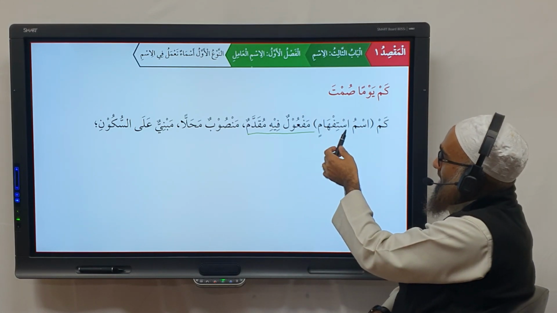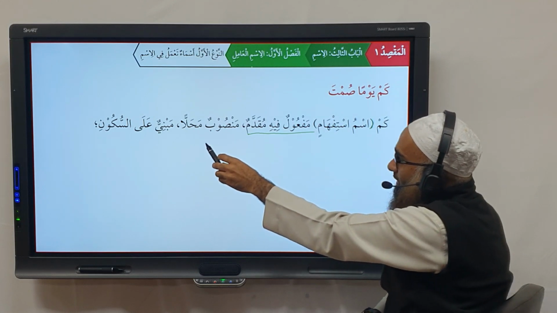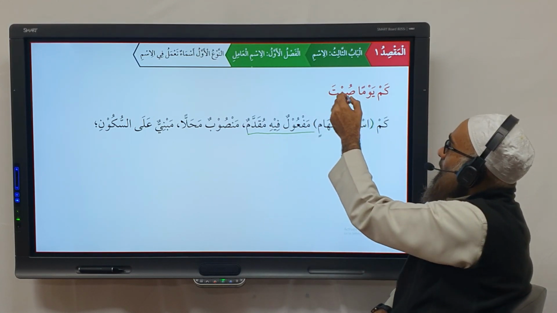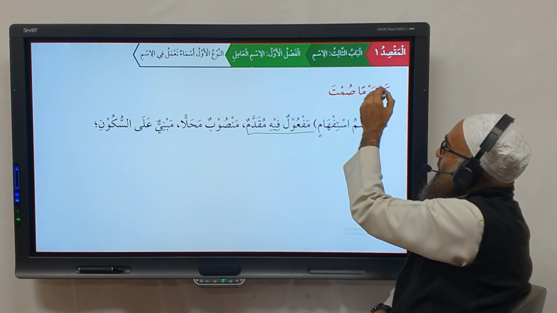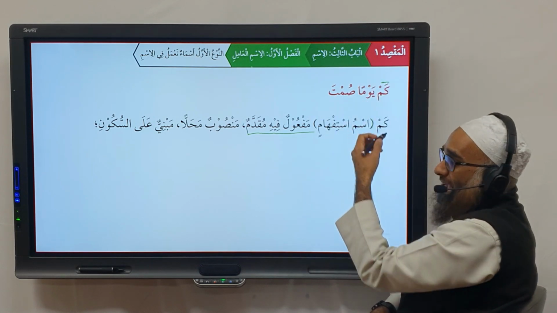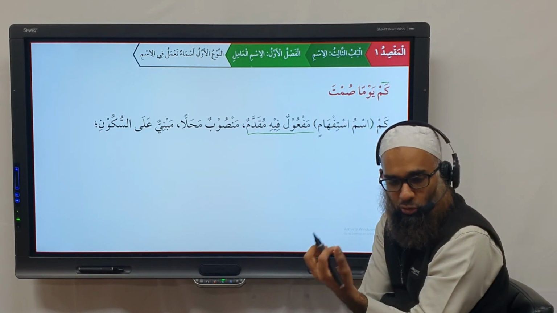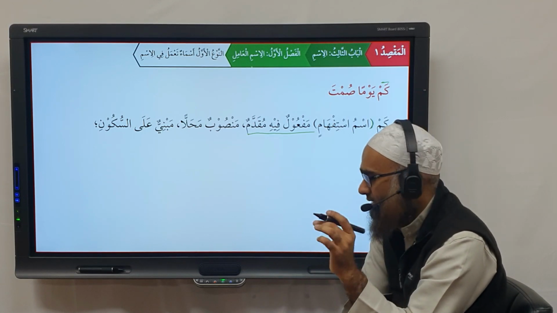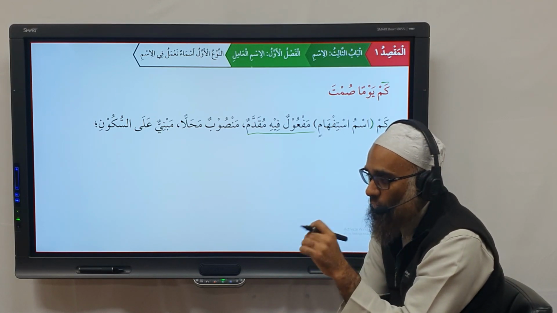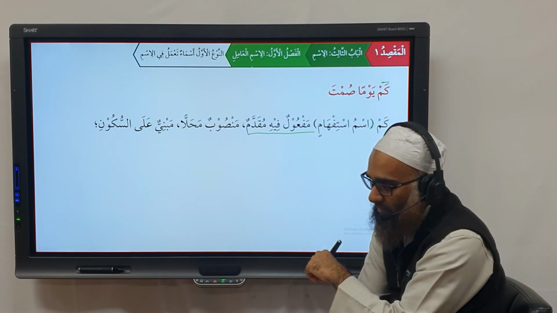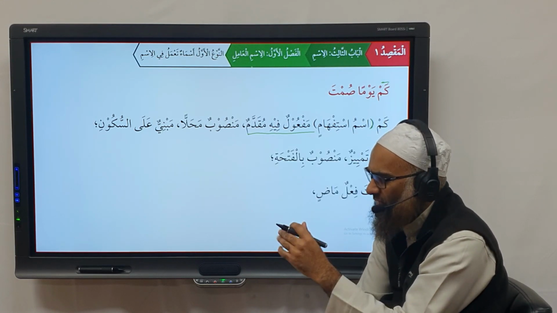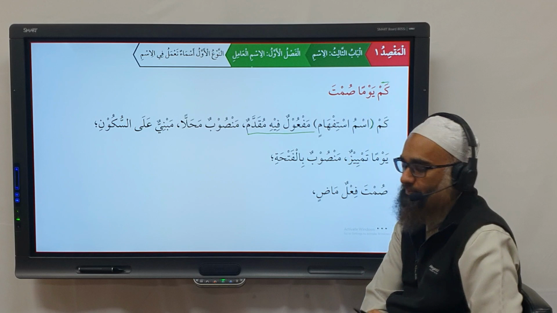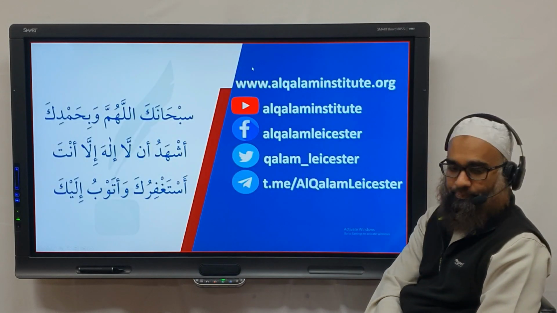So kam is mabniya lil-fath, but it's mansub mahallan, because sumta is maf'ul fi. It's maf'ul fi muqaddam. So it's asking about the maf'ul fi. So wherever the ism al-istifham replaces, it takes that i'rab. So maf'ul fi muqaddam, and then yawma becomes the tamyiz of that, and then sumta becomes the fa'il madi, etc., etc. Understood?